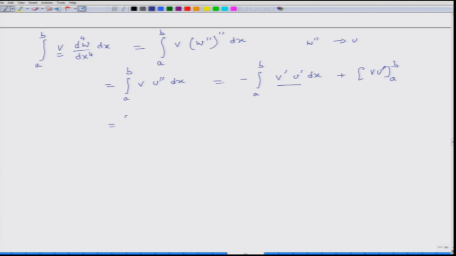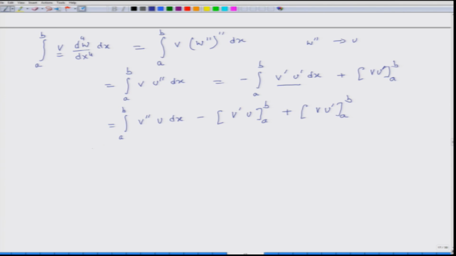So, now what I do is I integrate it by parts one more time, okay. So, I get minus, again I get another minus, so it goes away. So, I get integral V double prime U dx minus V prime U A to B plus V U prime A to B, okay.